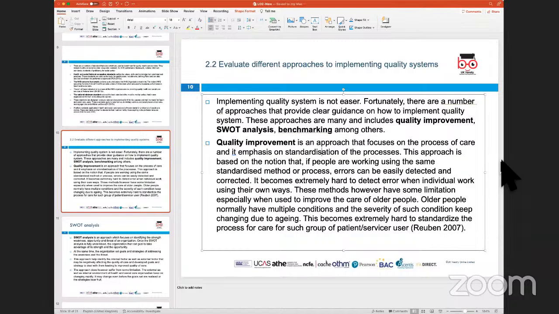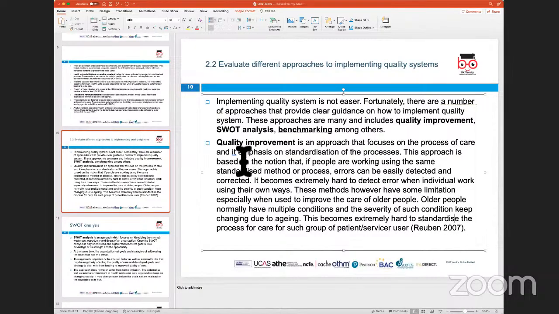So as an example, when we look at older people who have multiple conditions, if one such condition does not get recognized or gets overlooked, then it can be fatal, because the severity of the condition could lead to the patient losing their life. In this case, the standardized quality approach does not work, because what you will need is an individual care plan put in place for any such condition which can be critical or fatal to the patient's life.